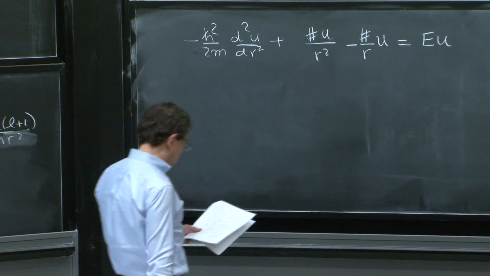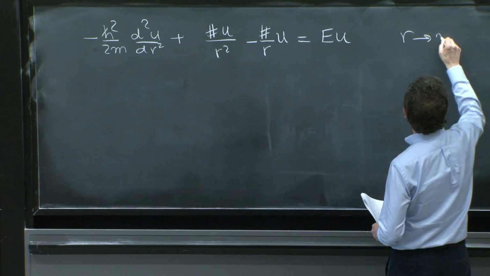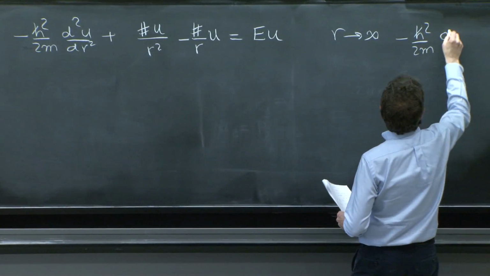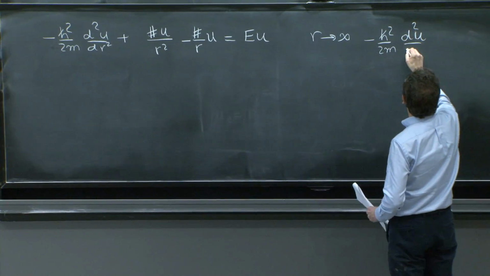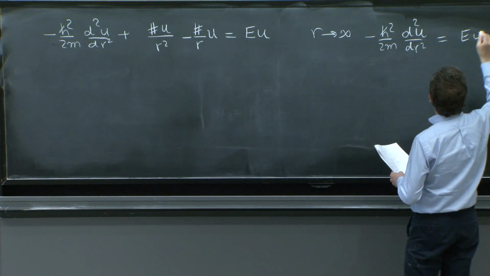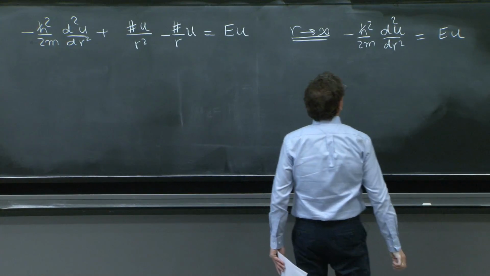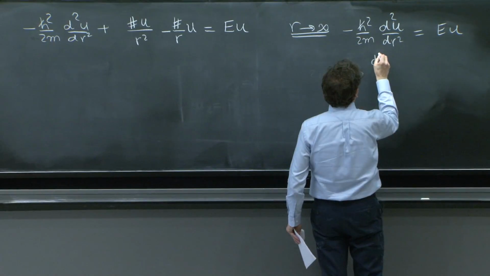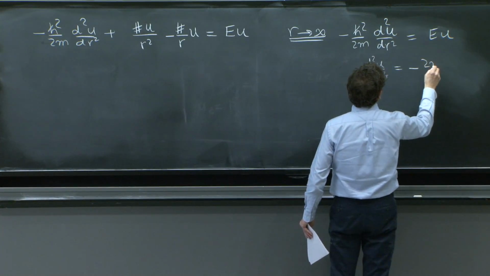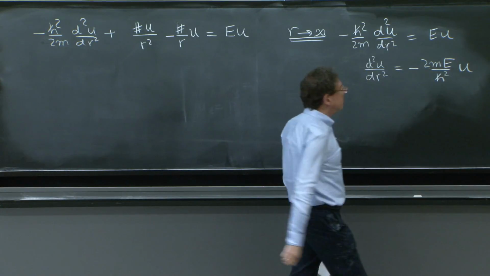And as r goes to infinity, you get minus h squared over 2m the second derivative of u with respect to r equal to eu, roughly. That's the key terms. And from here, the second derivative of u with respect to r is equal to minus 2me over h squared u.